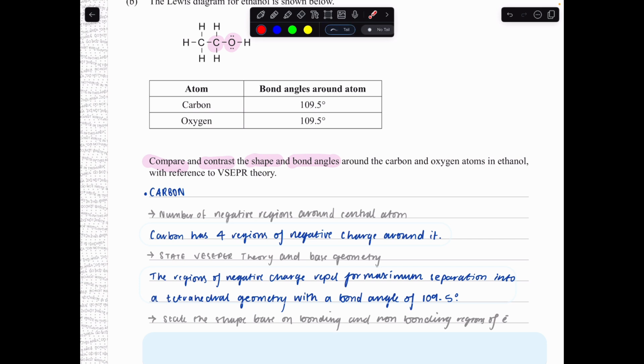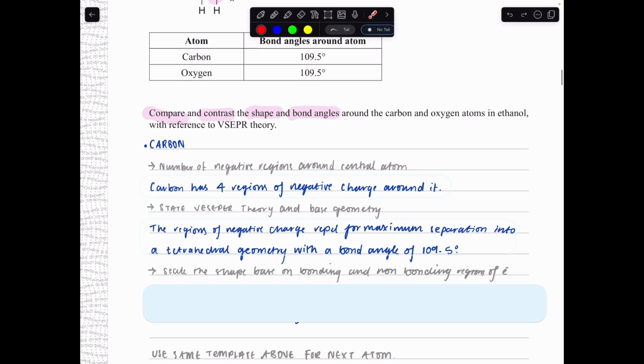Because there's 4 regions of negative charge, they will repel into a tetrahedral geometry. The bond angle in a tetrahedral geometry is going to be 109.5, which is talked about here in this table.